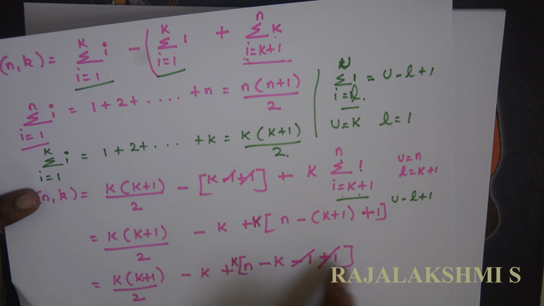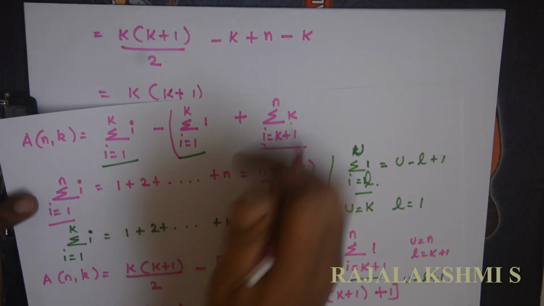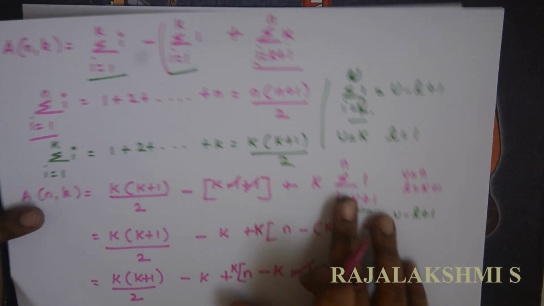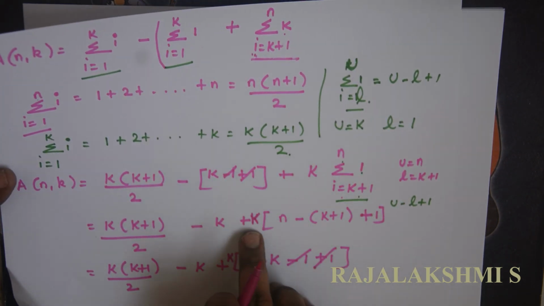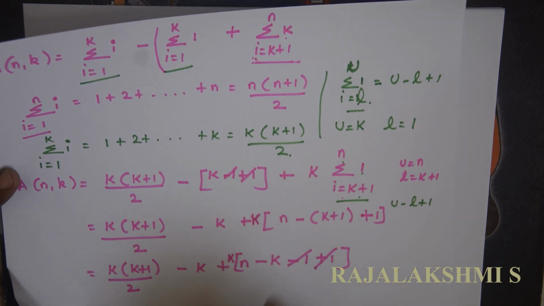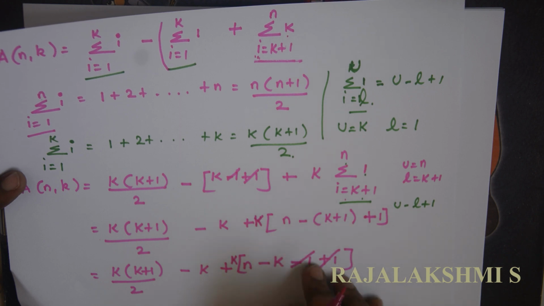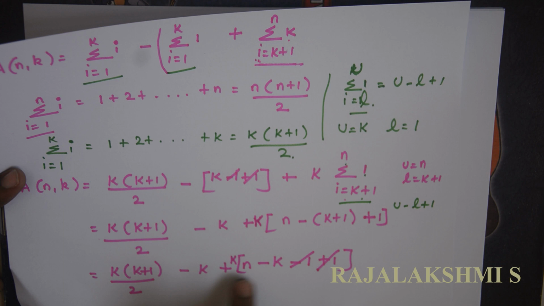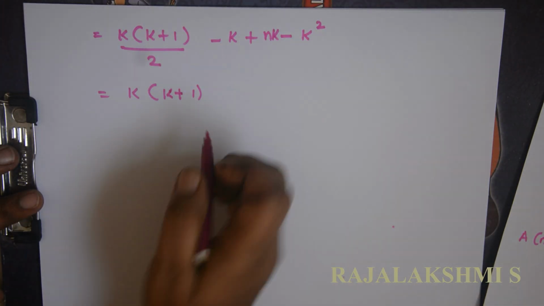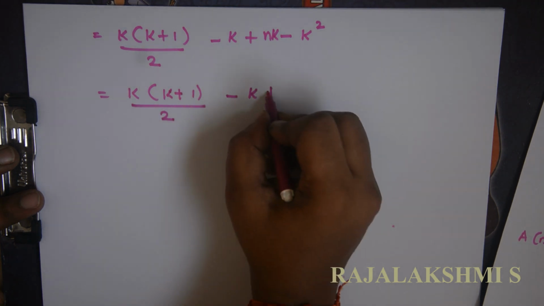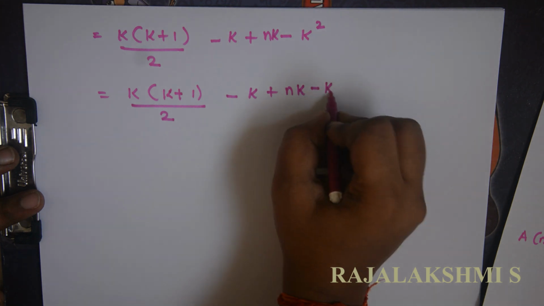Sorry, in this step we forgot to include this K, so this will be replaced as K into N minus K plus 1 minus 1. So here N minus K minus 1 plus 1, this minus 1 and plus 1 get cancelled, so this K gets multiplied inside, so it is NK minus K square. So we will be having K into K plus 1 divided by 2 minus K plus NK minus K square.